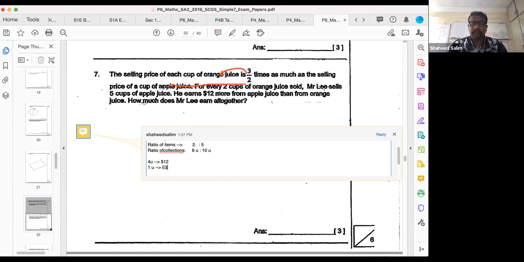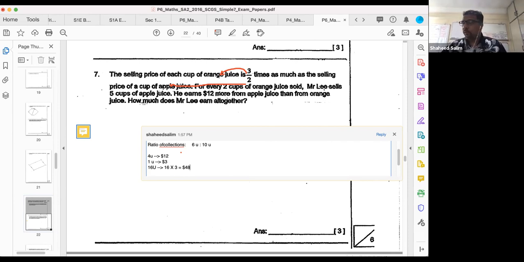You divide now. And then you want to find how many? Altogether got 10 and 6, 16 units. 16 units, 16 times 3. You get $48.